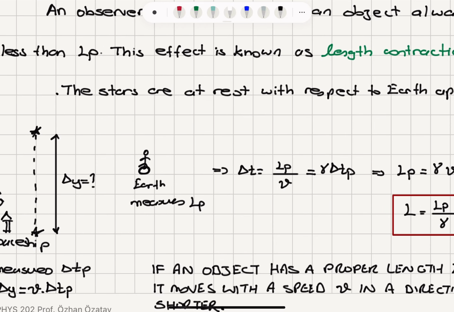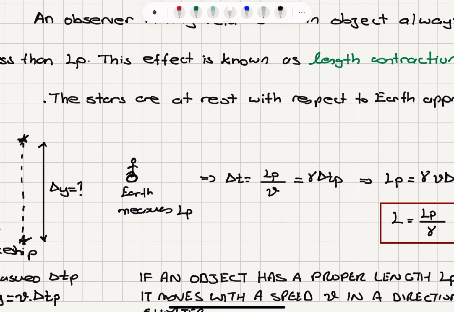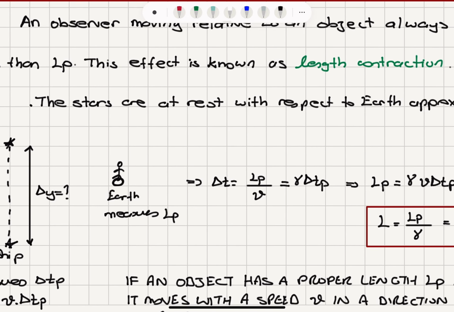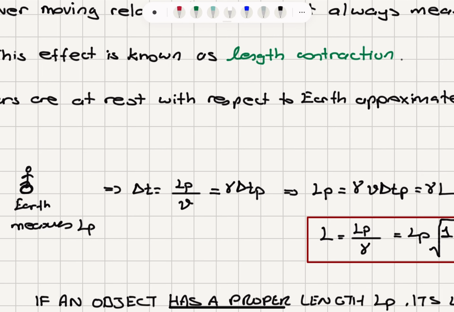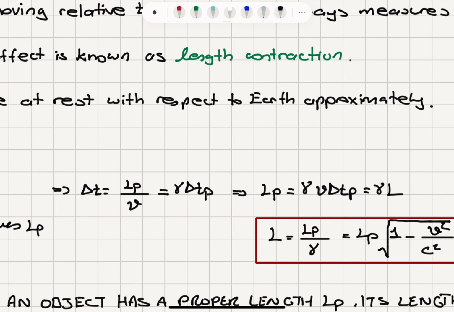Lp divided by the speed of the spaceship v is basically the time measured by the Earth observer. Because the spaceship observer is measuring the proper time, multiplied by gamma due to the time dilation effect is the time interval measured by the Earth observer. So we can see that Lp will be equal to gamma times v times delta Tp.